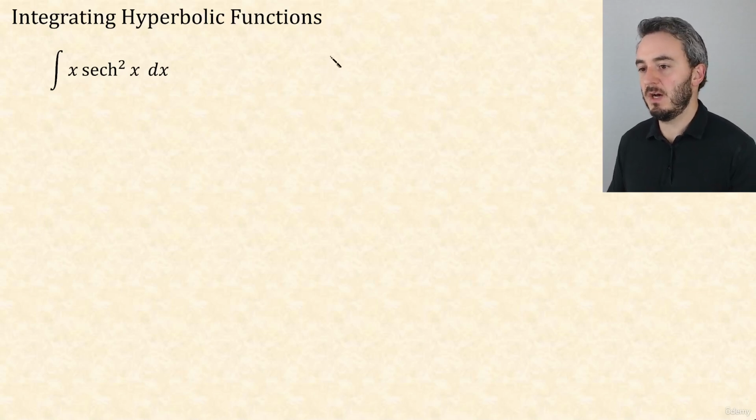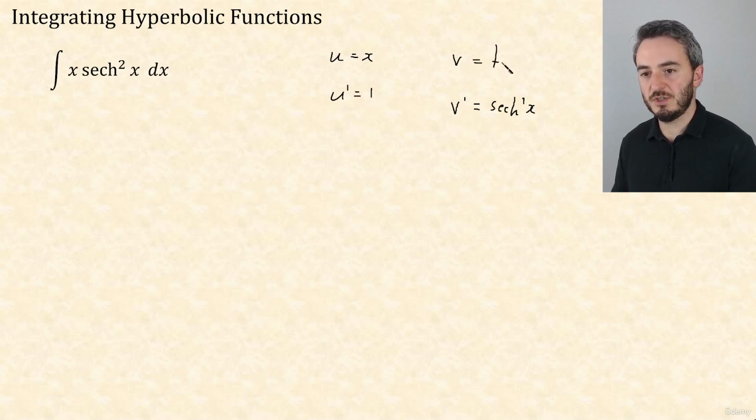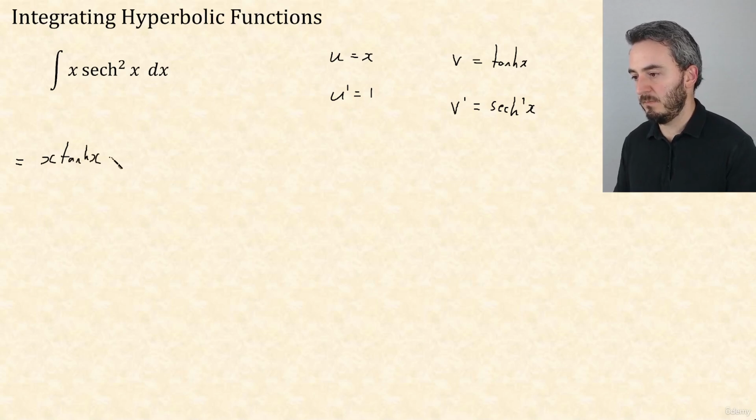That means that my u can be x, and my v dash can be sech squared x. That's really helpful because u dash is 1 and v is tanh x. So this is actually going to be fairly straightforward, because we integrate using parts and we get x tanh x minus the integral of v u dash, which is just the integral of tanh x.